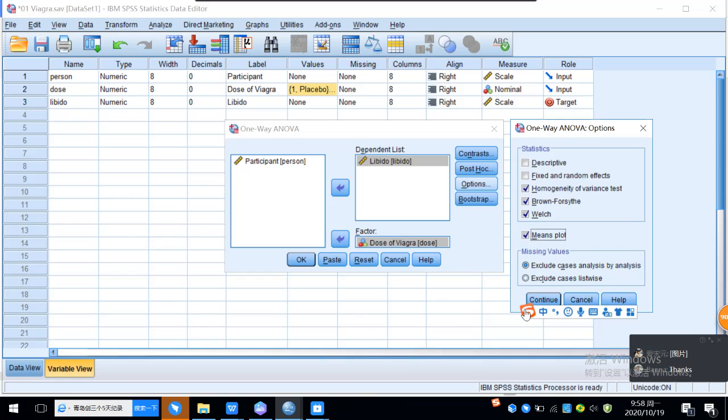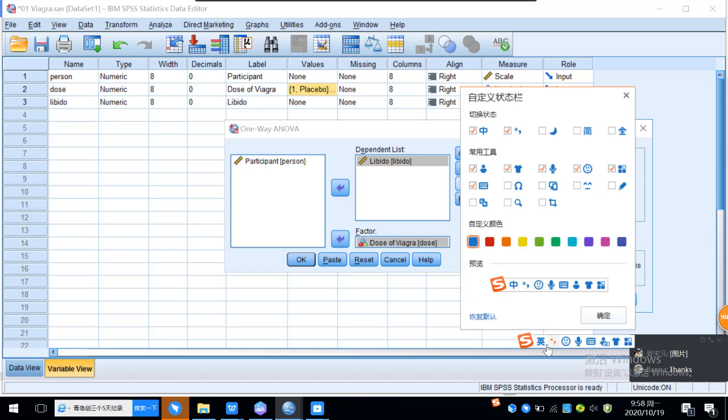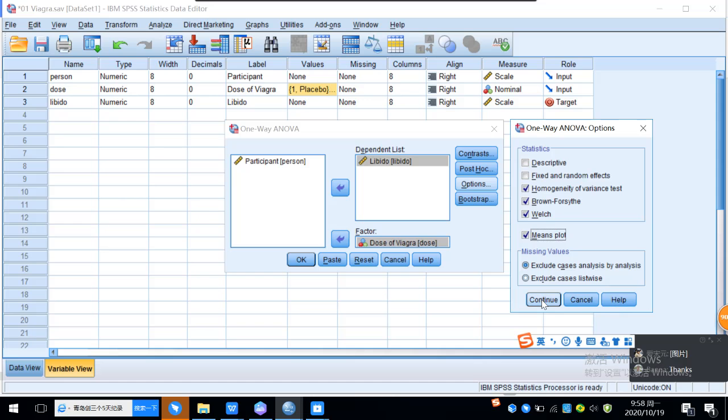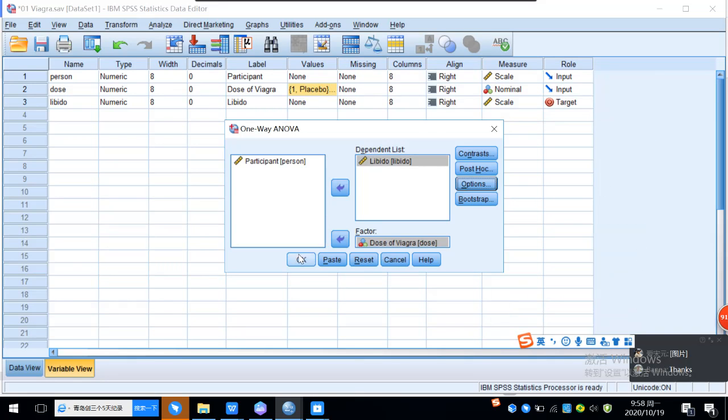Here, click continue. Then here, click OK.